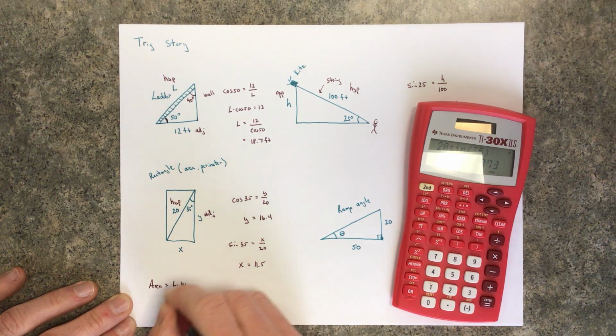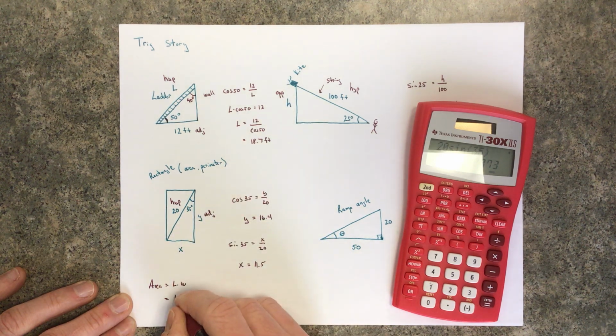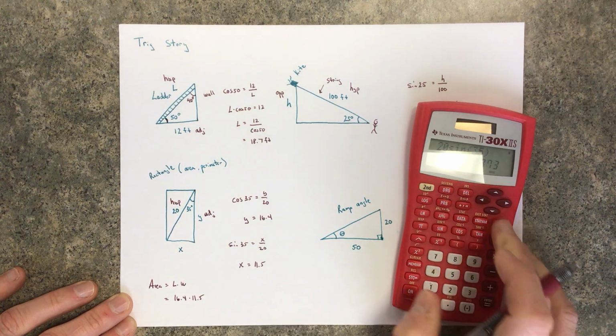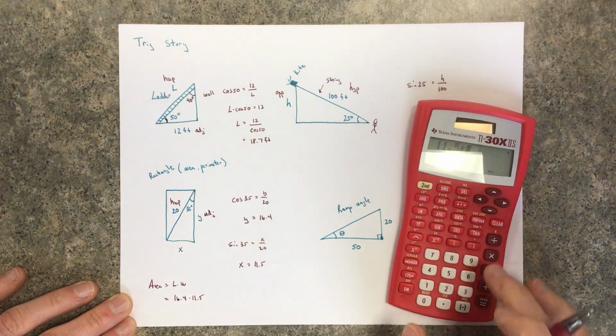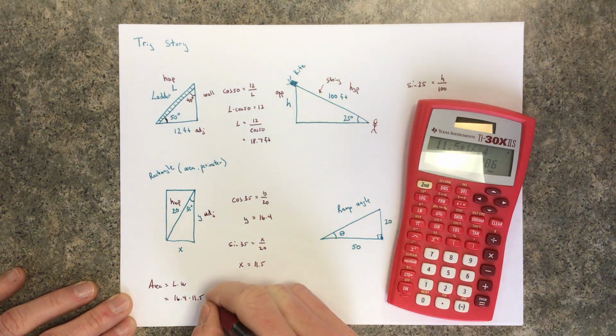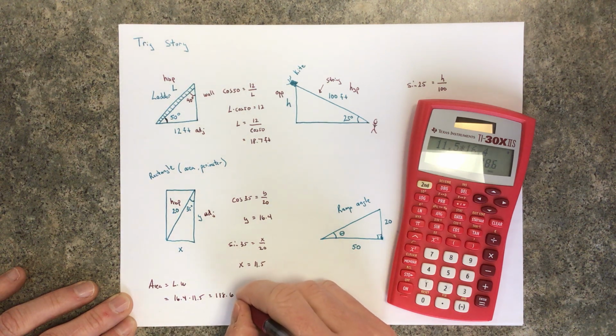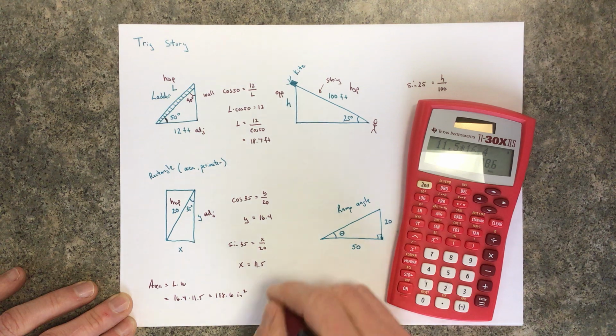Okay, so area is just length times width. So the area of a rectangle is just going to be 16.4 times 11.5. 11.5 times 16.4, so we get 188.6. And let's say all these things were in inches, so that would be square inches.